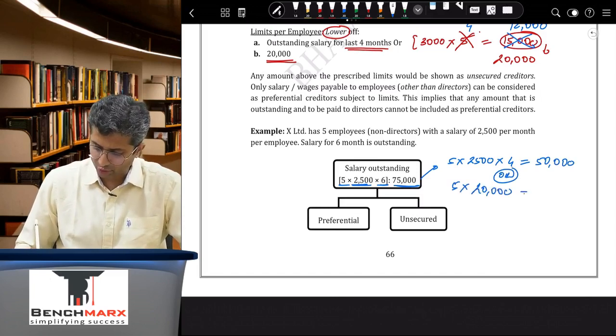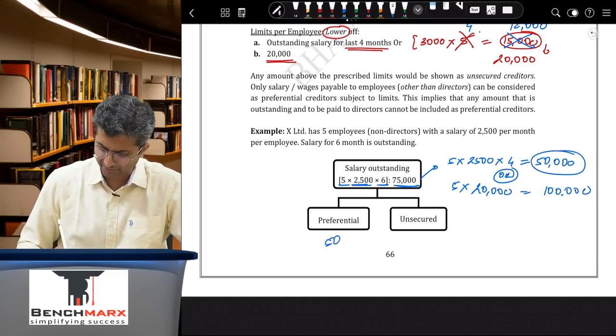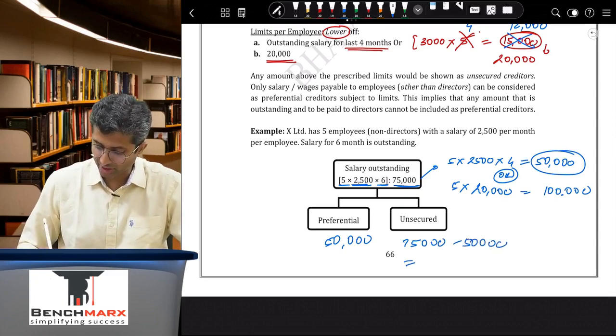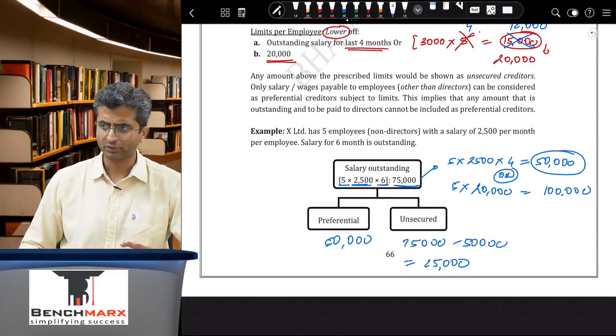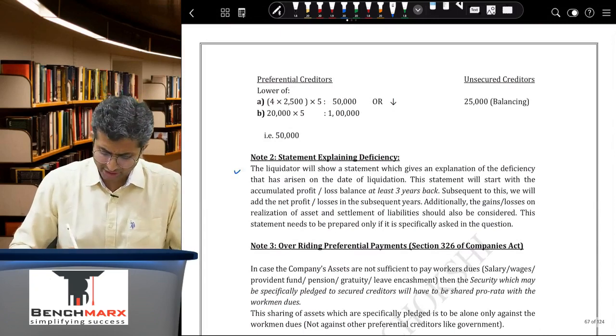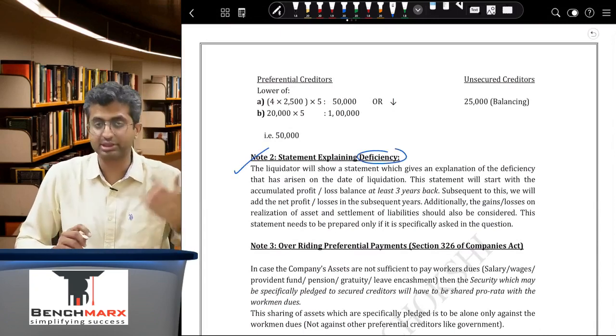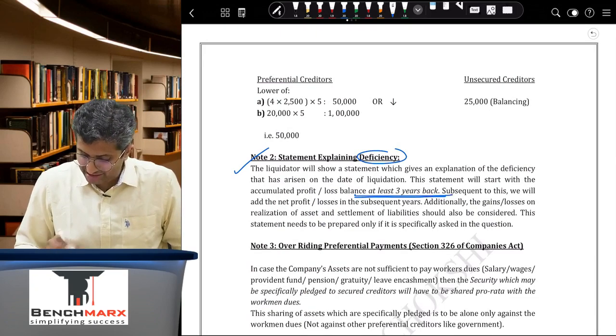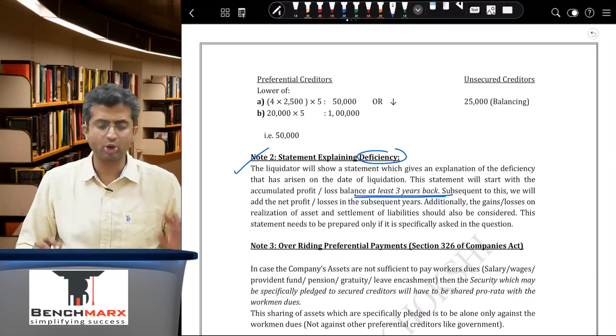So this is 5 into 20,000, which is 1 lakh. You will select whichever is lower, which is 50,000. So in the preferential, we will take 50,000, whereas 75,000 minus 50,000, which is equal to 25,000, will be taken as unsecured creditors. Okay, so this takes care of preferential creditors. We have also explained the statement explaining deficiency. This is to be solved if it is asked, which will go back at least 3 years.